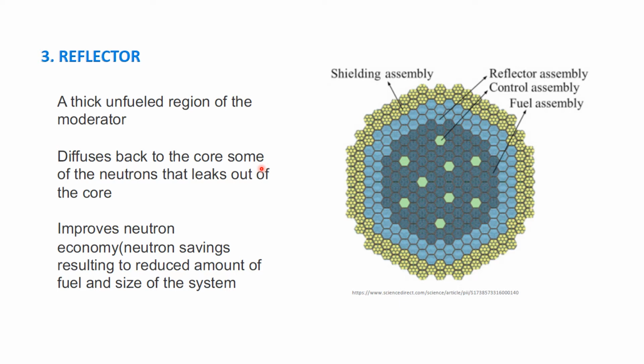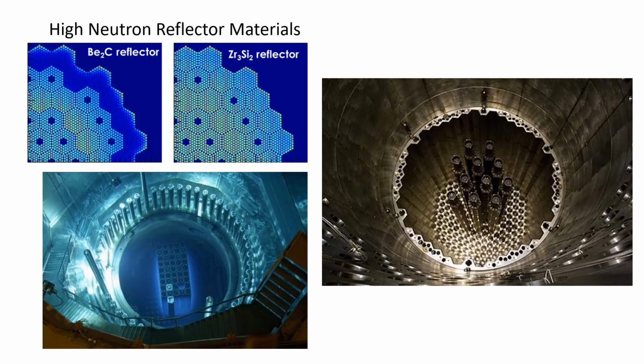It diffuses back to the core some of the neutrons that leak out of the core and improves the neutron economy, the neutron savings, resulting in a reduced amount of fuel and size of the system. So it helps to maintain the criticality of your reactor. These are some of the high neutron reflector materials: you have your Be2C and then your ZR3 Si2 reflectors.